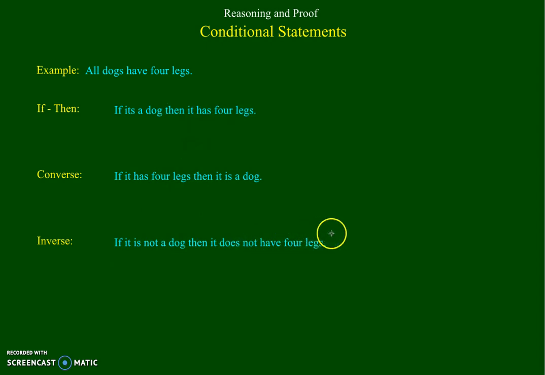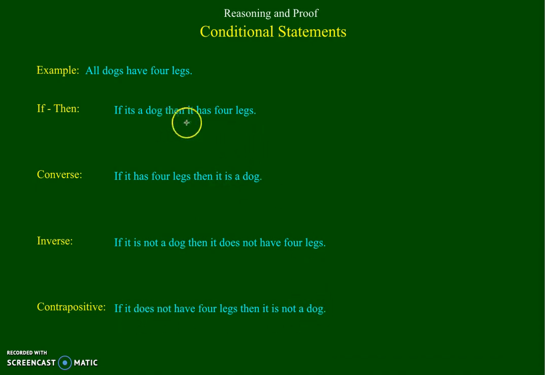And now finally, let's go ahead and do the contrapositive. Pause the video. And the contrapositive would be, we would take the converse and invert it, or take the inverse and take its converse. Doesn't matter which one you do. In either case, we're taking the hypothesis, moving it down to the conclusion, moving it to the hypothesis, and negating them.